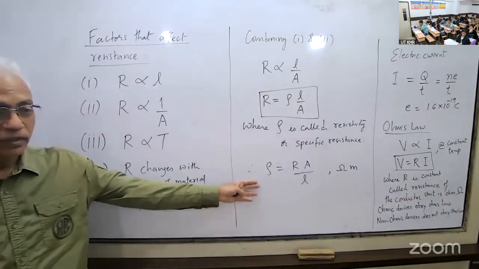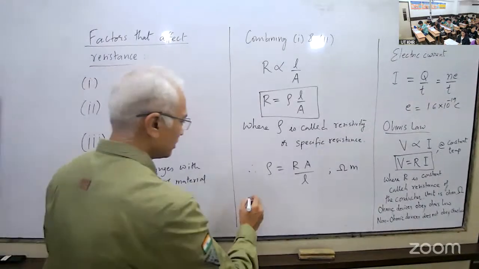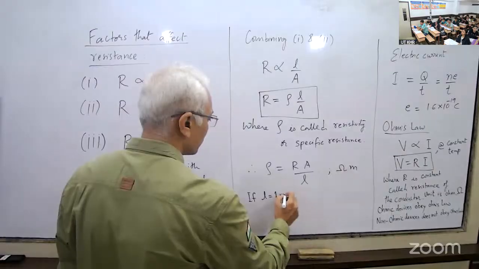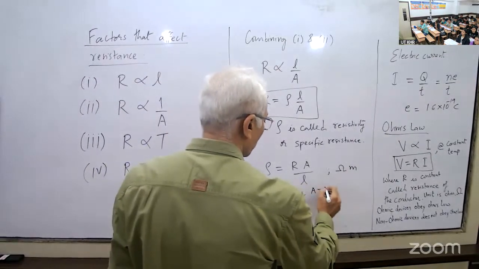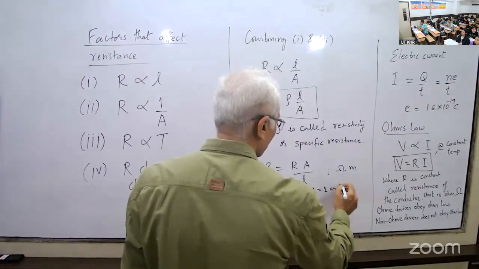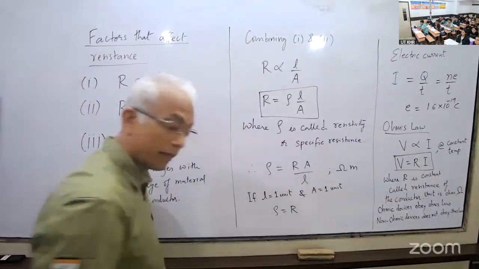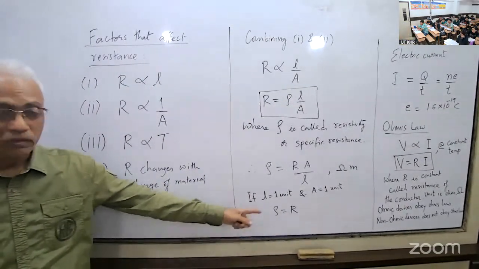So how do we define this resistivity? You see, if L is equal to 1 unit and A is also equal to 1 unit, then numerically rho is equal to R. Correct? So how do we define resistivity then?